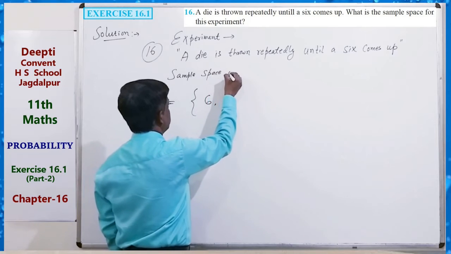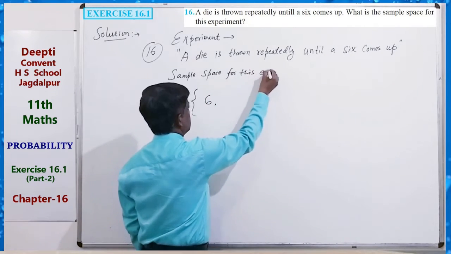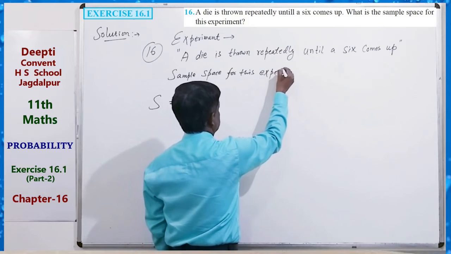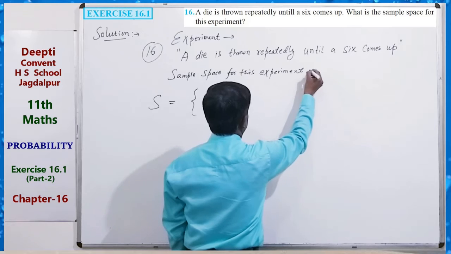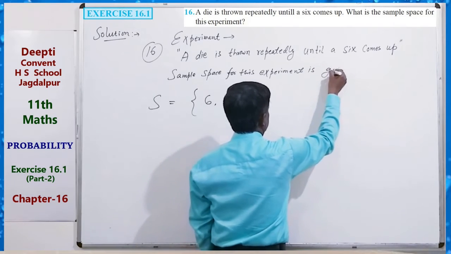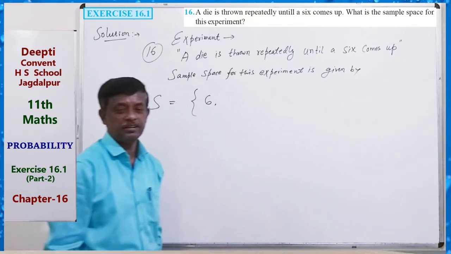The sample space for this experiment is given by. How can you write?